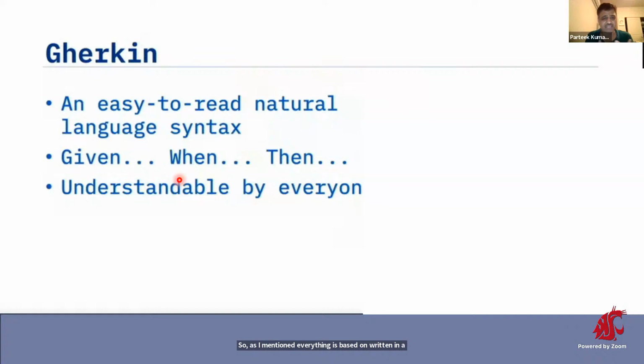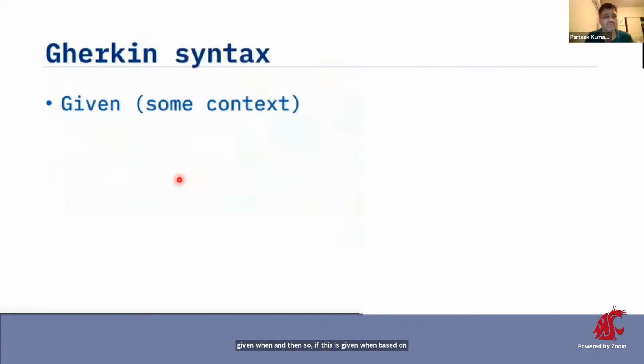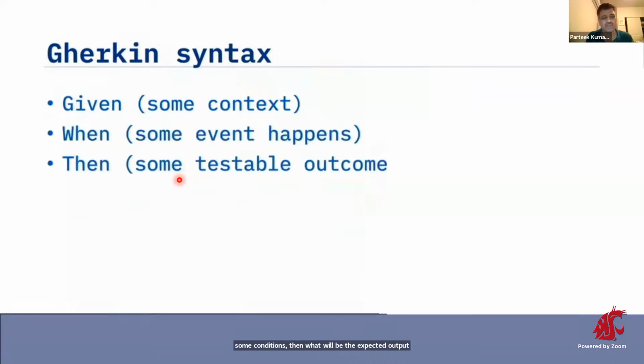It is a natural language syntax, written in simple English, and it has three major parts, which are given, when, and then. If this is given, when based on some conditions, then what will be the expected output? Given indicates some context, when indicates some event happens, and then indicates some testable outcome. So it has three important parts.